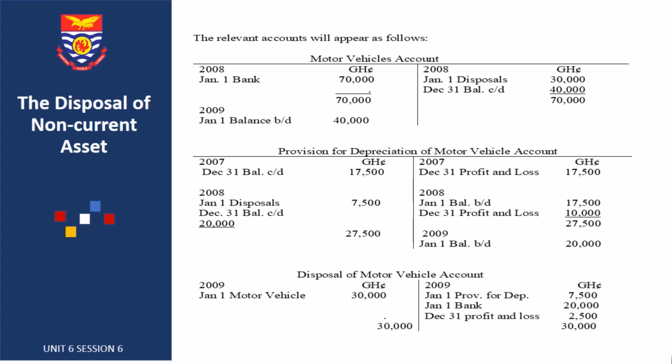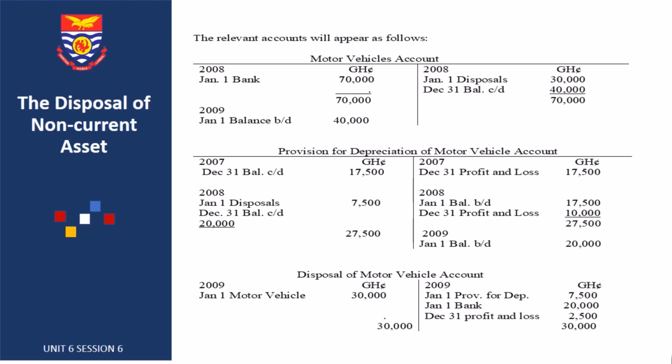So 25% of 70,000 is given as 17,500. So the profit or loss account will be debited with 17,500 as the depreciation charge for the year, and the provision for depreciation of motor vehicles account will be credited with 17,500.